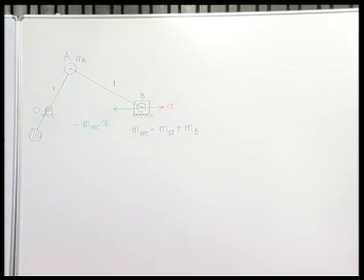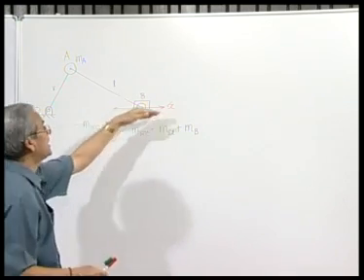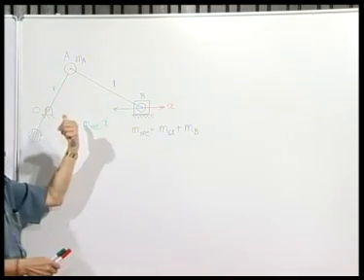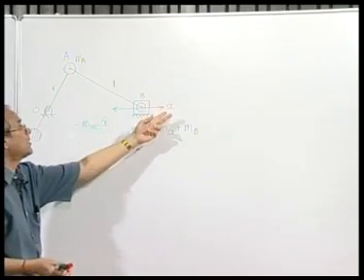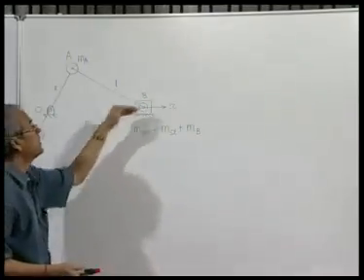Of course, you should keep in mind that x 2 dot in a positive sense is in this direction. So, your inertia force will be in this direction, that will be the unbalanced force. When x 2 dot is negative, then of course, this force will be in the other direction.